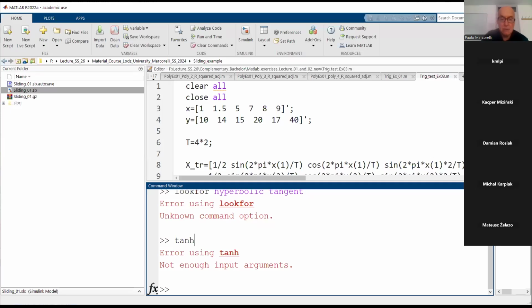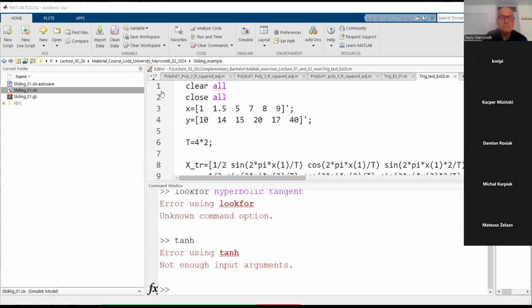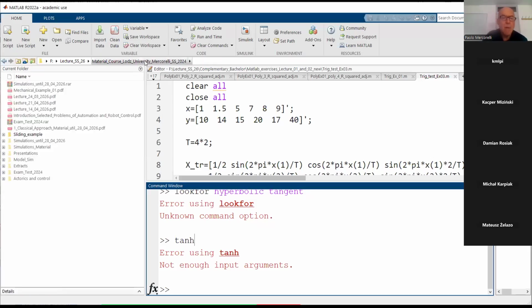Okay, let me share MATLAB. It could be useful because we will do this together, and you can follow me in my steps. Sliding example.